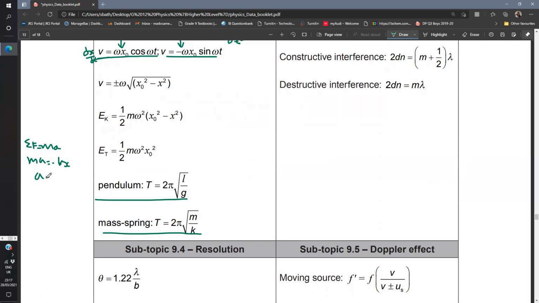Then a is equal to minus kx over m. So this is x. And then a is equal to minus omega squared x.